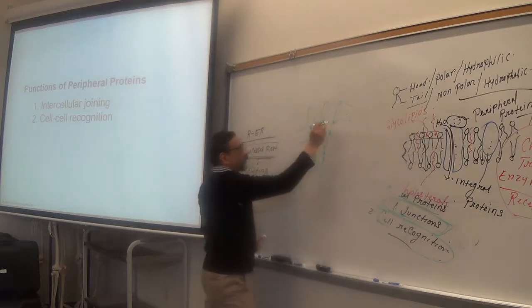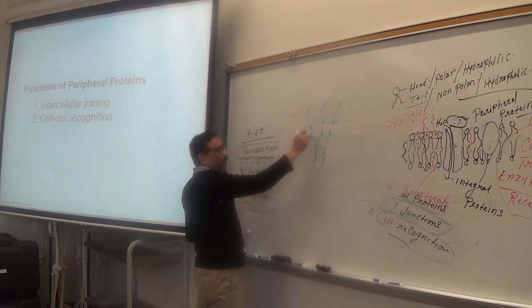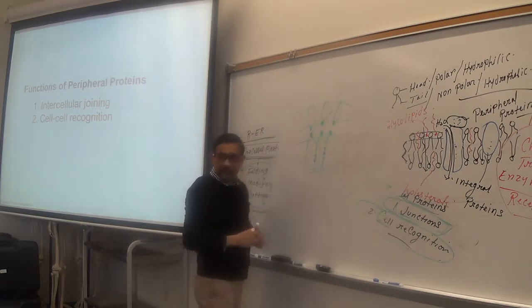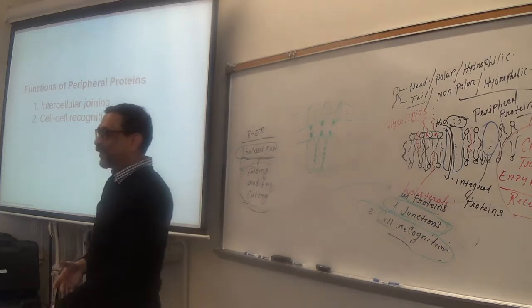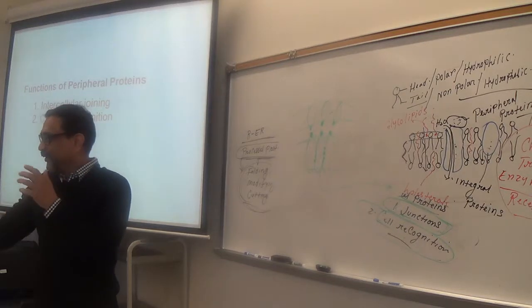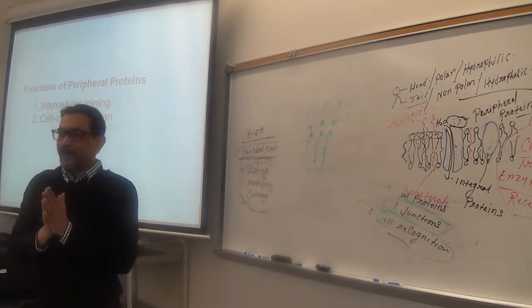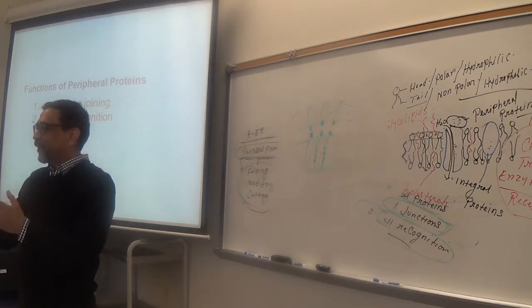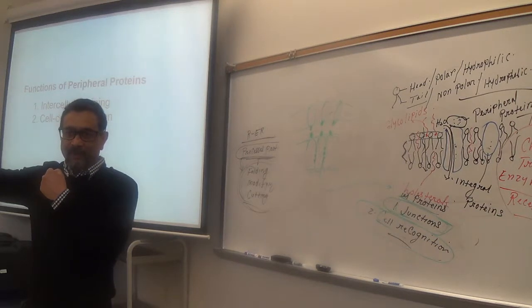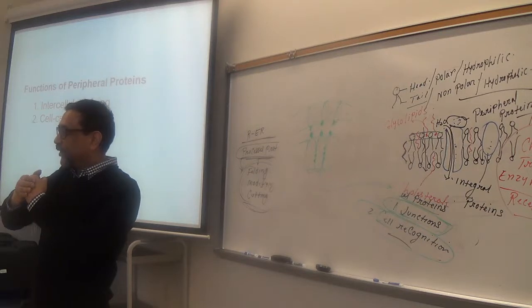Now, when this cell comes close to this cell, these peripheral proteins will help these cells to identify each other. This is a very interesting function, right? When two cells come close to each other, they can identify each other. You all know that. Like if your skin got burnt, if you take skin grafting from another person's body and put it there, the chance of what?